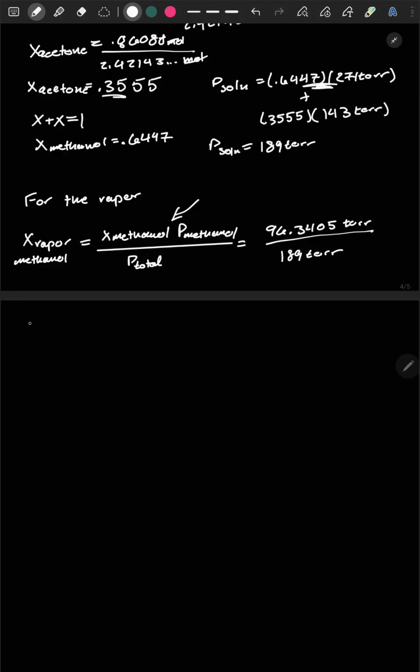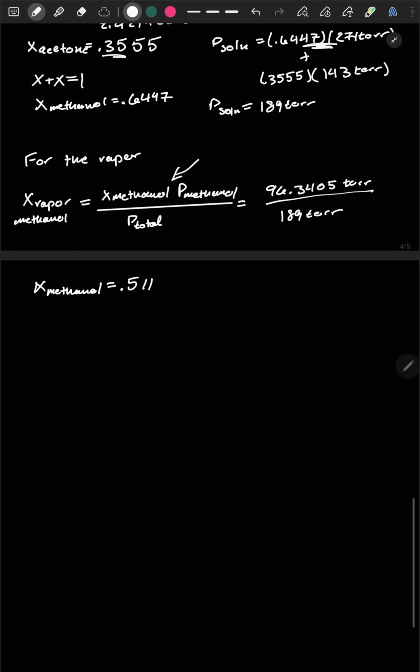And so that's going to leave us with a value of about 0.511, and that's for the mole fraction of methanol, 0.511.